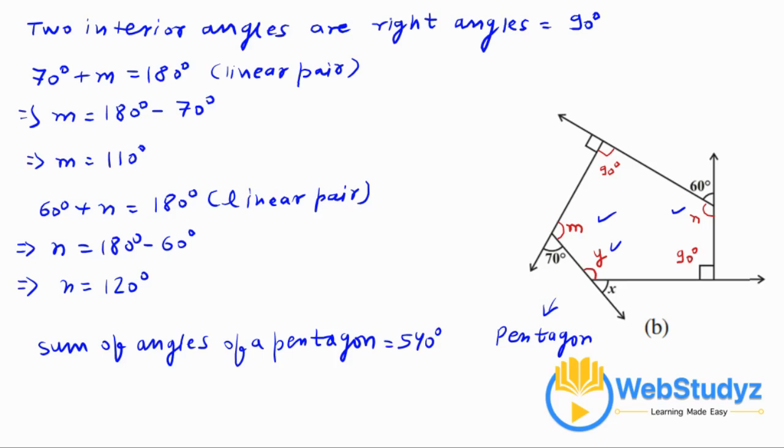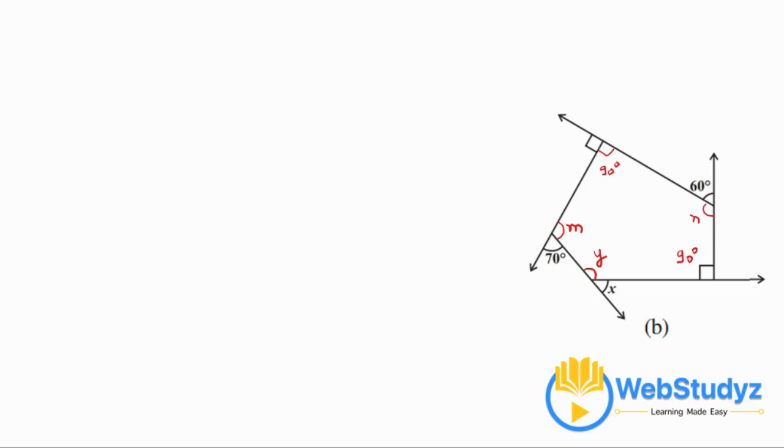So from this we can say that 90 degree plus 90 degree plus 110 degree plus 120 degree, that is N, and 110 degree, that is M, plus Y should all be equal to 540 degree.